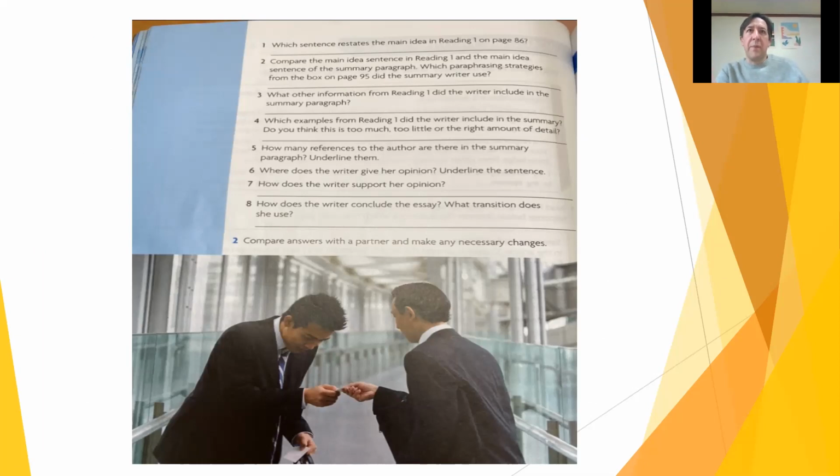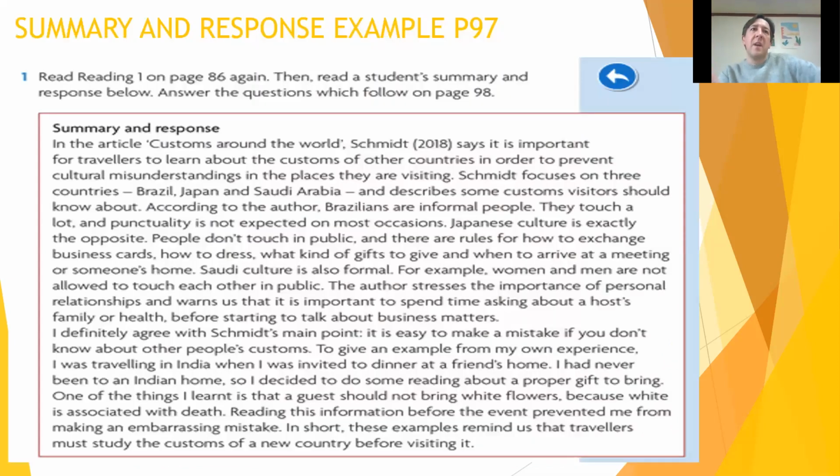Question 2, compare the main idea sentence in reading 1 and the main idea sentence of the summary paragraph. Which paraphrasing strategies did the summary writer use? Well, what the writer did was they changed some of the words.